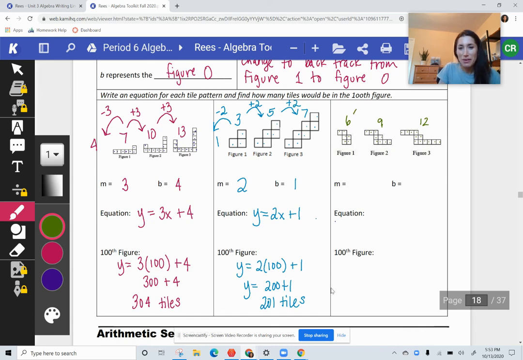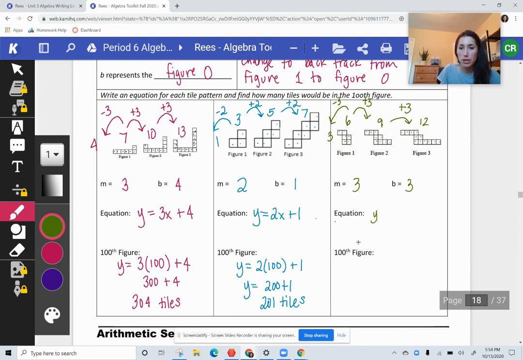All right, so now we've got an increase of 3. We didn't mean to give an example of the same type of increase, but at least our starting value is not going to be the same, because if we subtract 3 from our first figure, because we want to backtrack to our figure 0, we'll get 6 minus 3, which is 3. So for this one, we've got a rate of change of 3. We also have a y-intercept of 3.